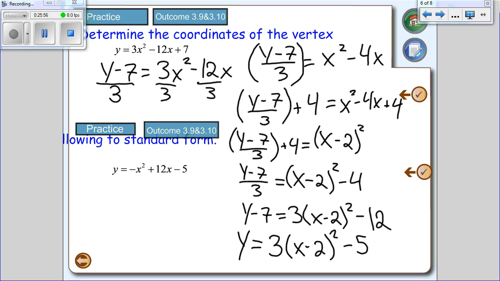So that's what we're going to do. Put it in vertex form. We have to move our no good c to the other side. So we put negative 7 on the other side. And then we had to divide everything by 3, because we can't have an a value when we're trying to complete the square. That gave us this equation right here.